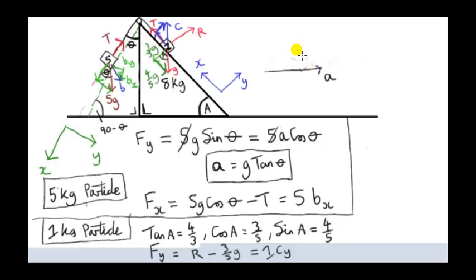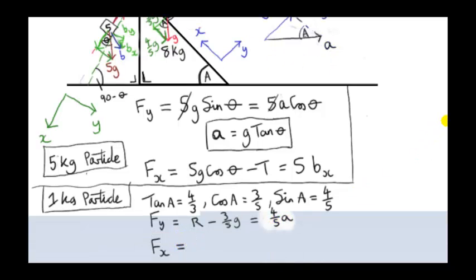So we resolve a in a direction perpendicular to this. That's the y direction. Okay, so here's our angle A. So we multiply a by sin A, where sin A is 4/5. So I've replaced c sub y with 4/5 a.